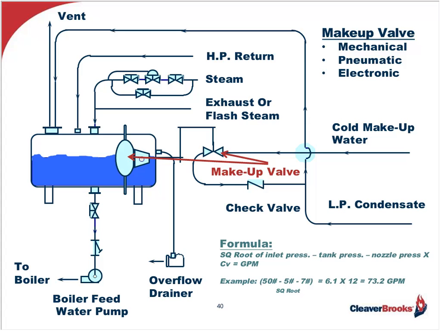Now, as you can see in the example, the answer for 50 pound incoming water with associated pressure drops and the square root function applied to this particular result times the CV value of 12 gives us 73.2 GPM that this makeup valve has to accommodate.